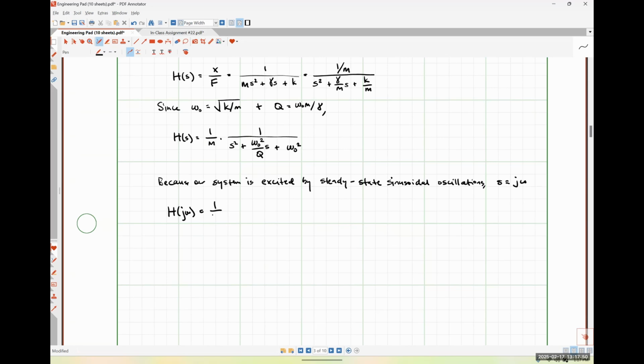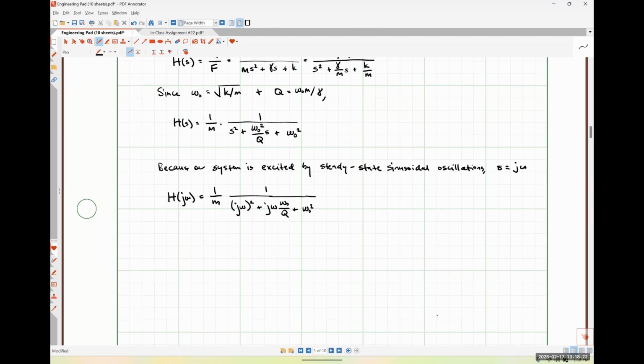So we're going to have 1 over m multiplied by 1 over j omega quantity squared plus j omega times omega naught over Q plus omega naught squared. And what we're going to do now is some complex math to manipulate this so that we no longer have complex numbers in our denominator.